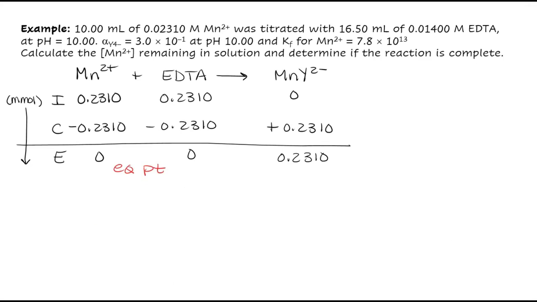When we're at the equivalence point, we know we're going to have to set up a MICE table, and when we use a MICE table, we have to have molarity. So we'll calculate the molarity of our complex.